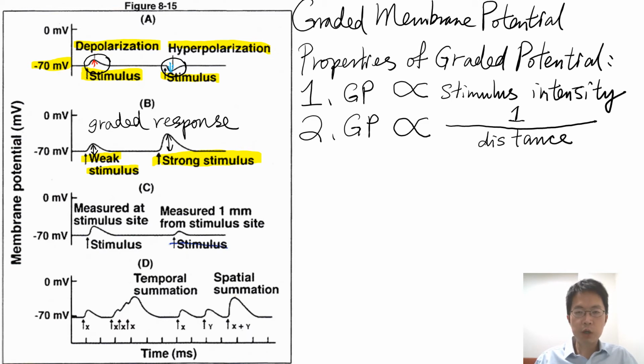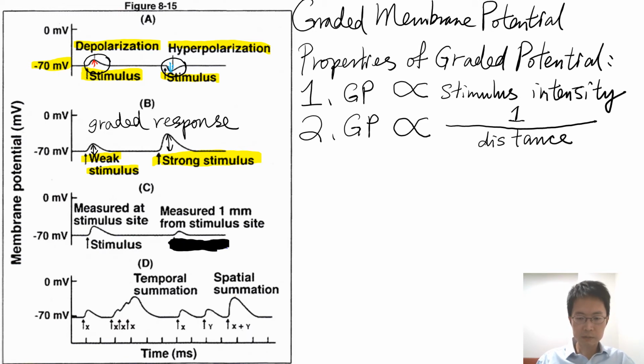Property number 2, we call it inversely proportional. Meaning that if the distance increases, then the graded potential decreases. What do I mean by that? So here you can just erase that, forget about this part. Don't need to know about this.